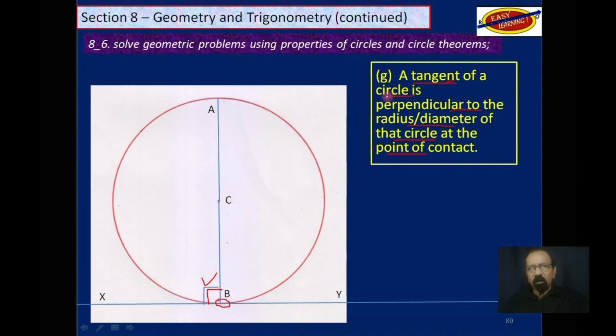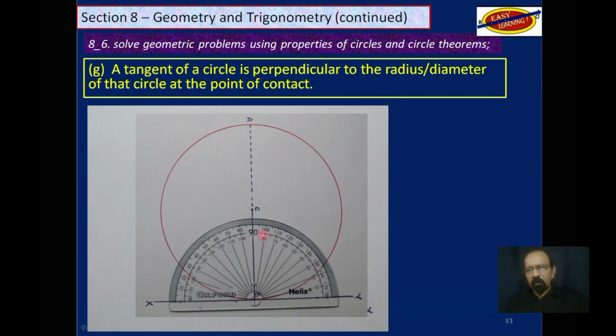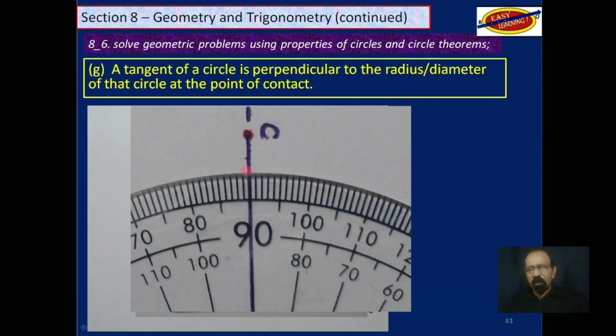A tangent of a circle is perpendicular to the radius or diameter of the circle at the point of contact. Whether it's radius or diameter, the tangent and the radius or the diameter will be at right angles to each other, 90 degrees, as you see here.